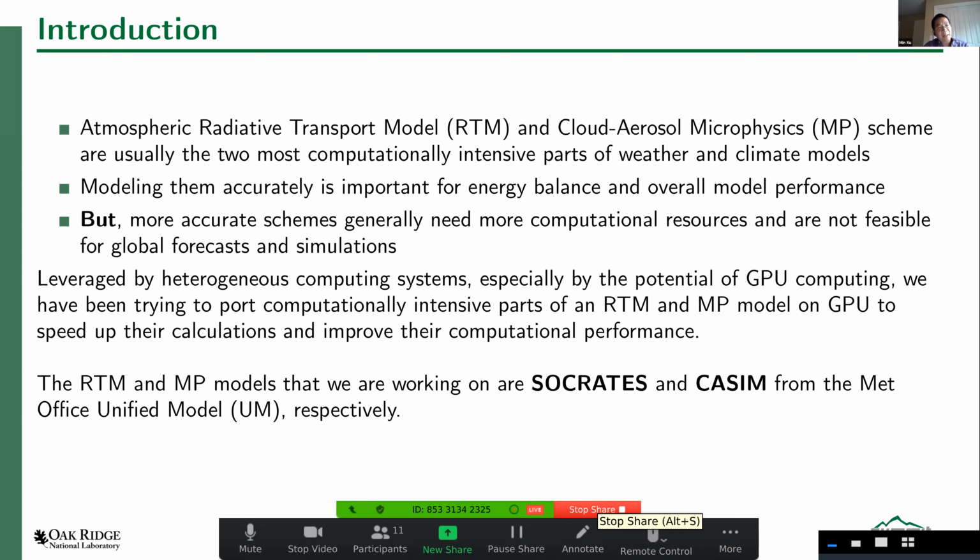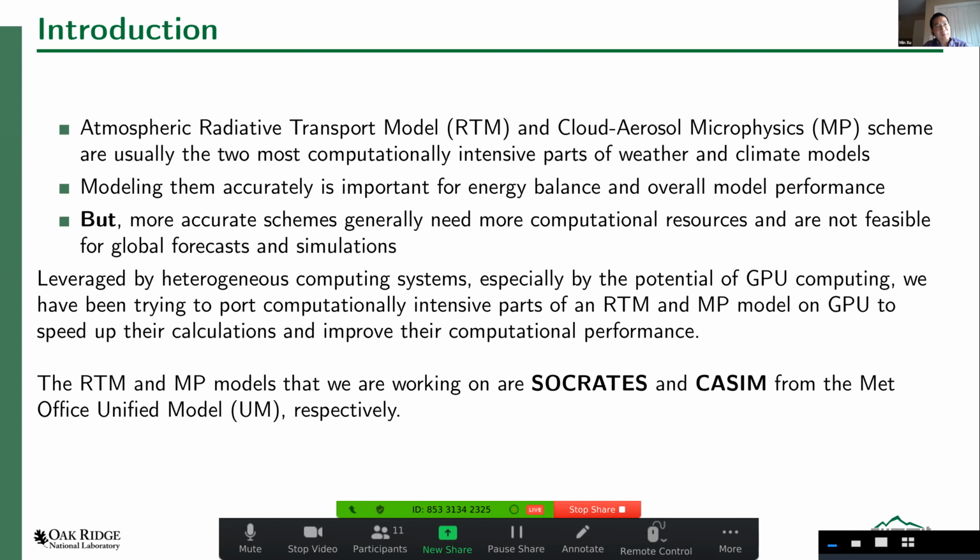So, leveraging heterogeneous computing systems, especially the potential of GPU computing, we have been trying to port the computationally intensive parts of an RTM and a microphysics model to GPU to speed up their calculations. The RTM and the microphysics models that we are working on are SOCRATES and CASIM from the Met Office Unified Model, respectively.